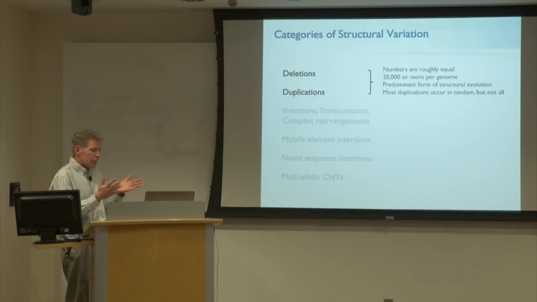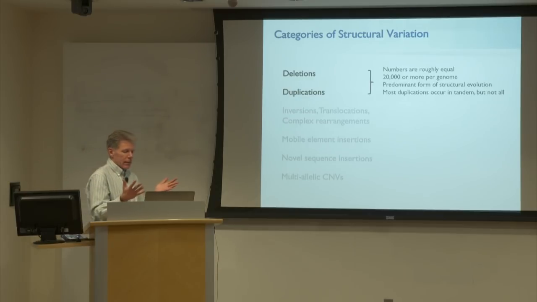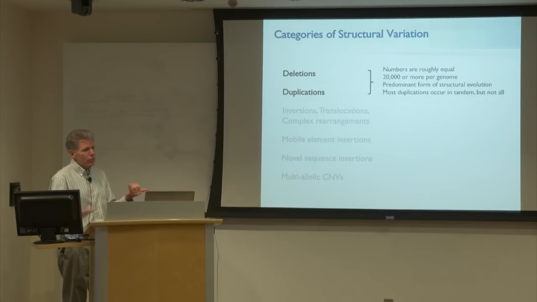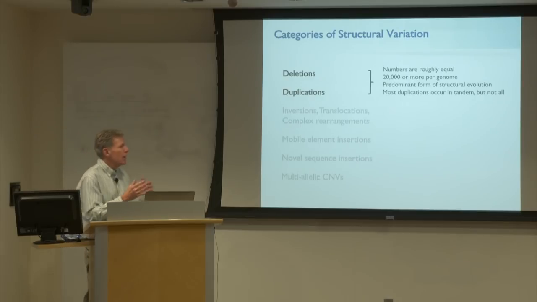This seems to be the predominant way that the genome evolves at this scale: you'll just lose a segment of DNA, or you'll have a segment of DNA that duplicates. Usually it duplicates in tandem or nearby. Occasionally a piece of DNA will shuffle and go far away in the genome. And then, if they're not under selective pressure, these will persist in the population and be inherited.